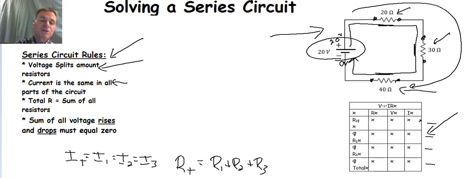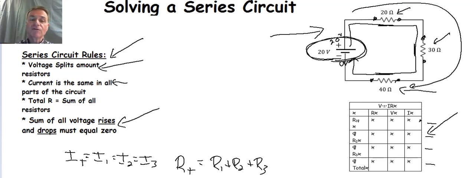Well, we've just said that the voltage splits among the resistors. Okay, so I have a 20 volt supply here. I start out with 20 volts, and then that 20 is dropped across, or lost across each one of the resistors. So what can we say? Well, we can say this rule over here.